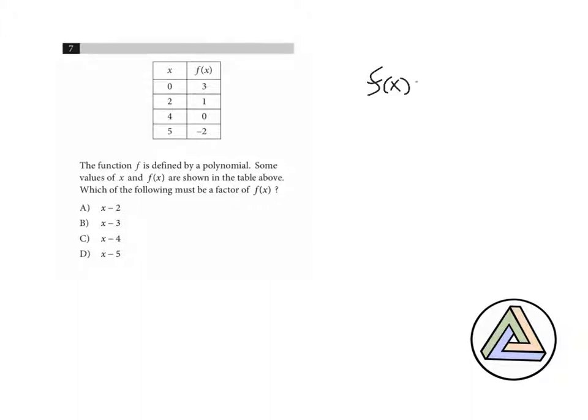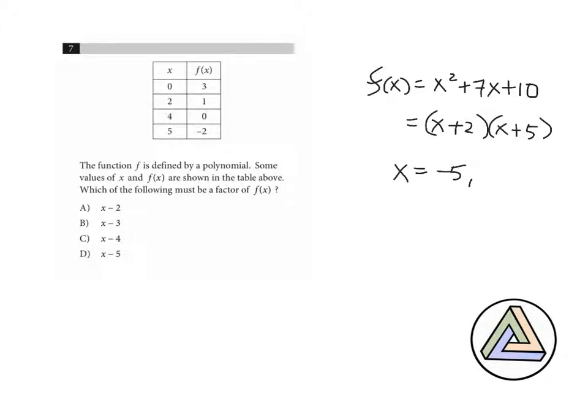So for example, if I had a polynomial that said x squared plus 7x plus 10, and I was to factor that, that would be x plus 2 and x plus 5. And then I would soon realize x equals negative 5 and negative 2.